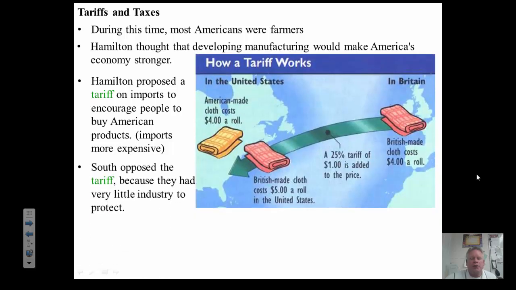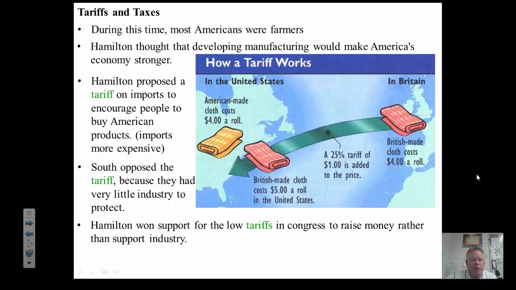Well, the South opposed the tariff because they had very little industry in the South, and all it did for them was raise prices. Hamilton ended up getting his tariff, but not to protect American businesses. They did it so the government would be able to earn money off these tariffs.